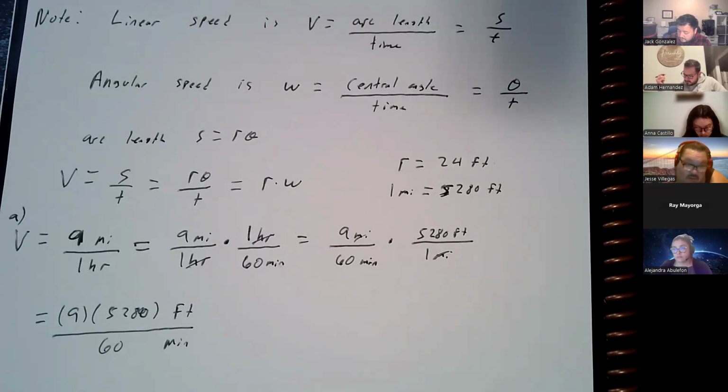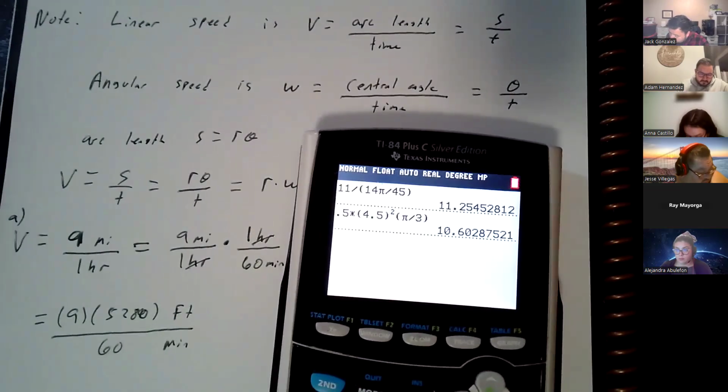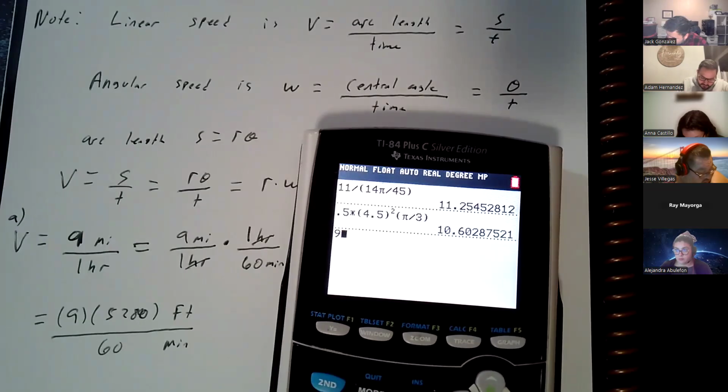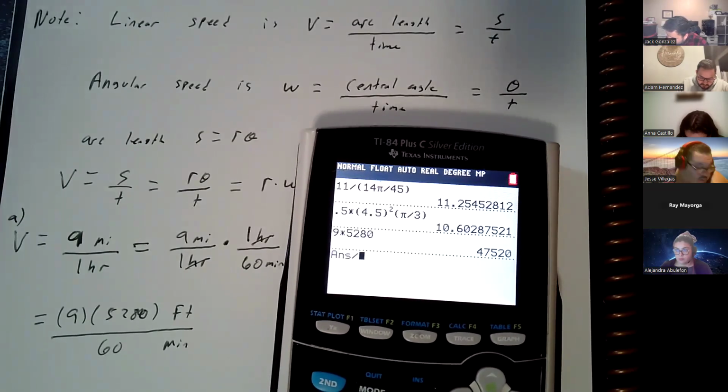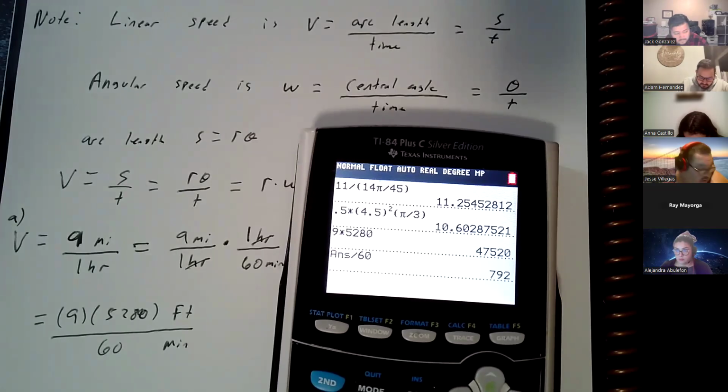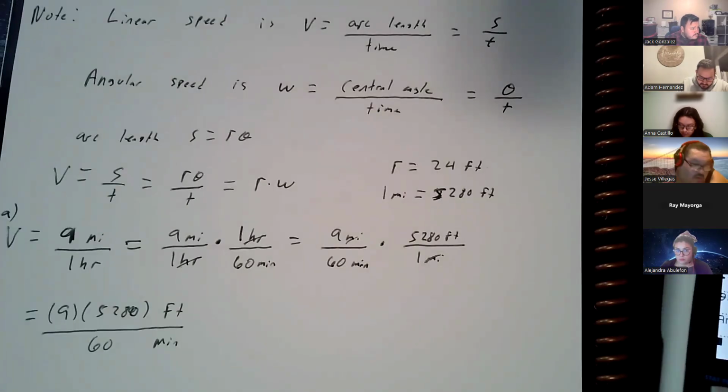It's all ugly though, but there it is. So calculator time. Let's see what we get. So it looks like 792.